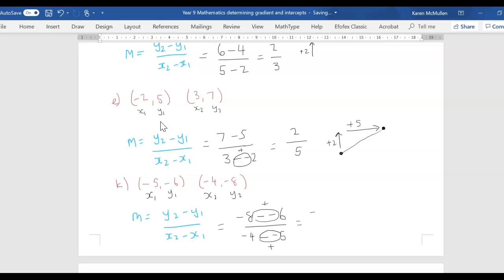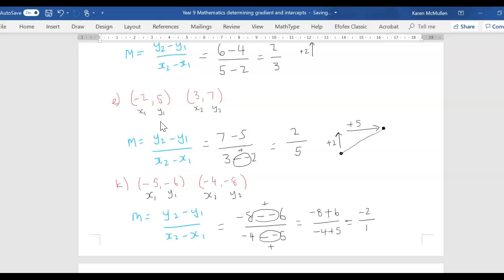All right, so we're going to have -8 plus 6 over -4 plus 5. Now, if you get stuck with your negatives, although you should know your negatives, but if not, double check on your calculator. So -8 plus 6 gives me -2, and -4 plus 5 gives me 1.